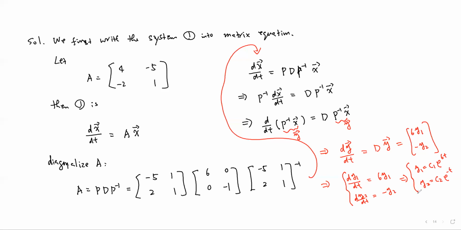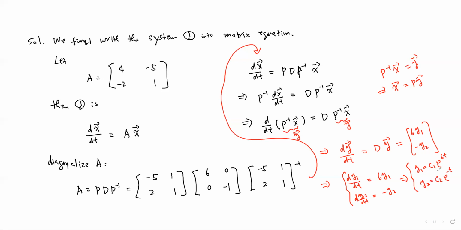So we get y. After we get y, we get x, because P inverse x is y, so move P back to the right side. After we get x, we get the moving position of the particle.